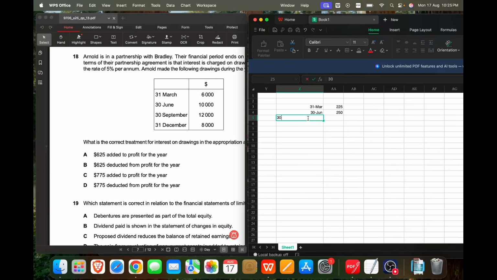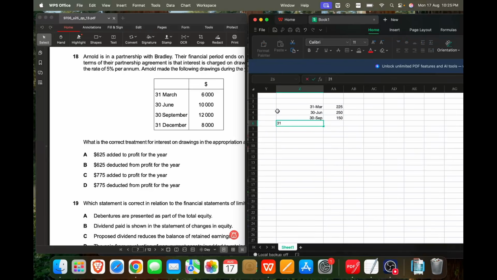Next one, on 30th September, 12,000, 5% interest, and from September 30th, so September is gone, October to December, 3 months, so 3 divided by 12. For this many months partner has to pay interest, and that is 150.